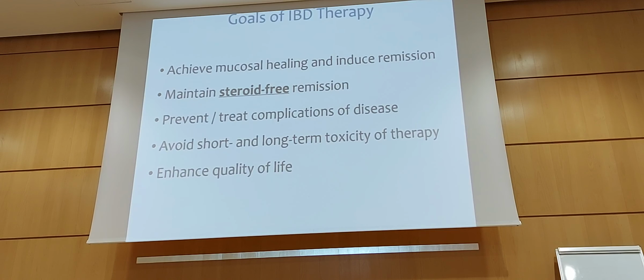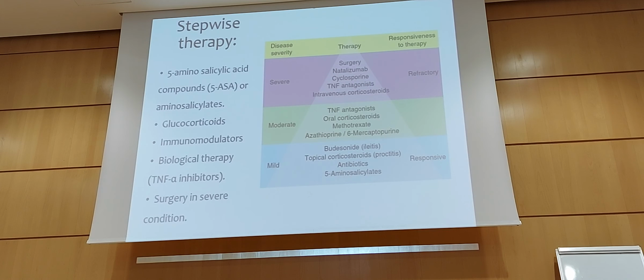Corticosteroids. Azathioprine, 6-mercaptopurine. TNF antagonist, infliximab, and then there are the biologics and cyclosporin. Good. So we have 5-ASA compounds, aminosalicylates, glucocorticoids, immunomodulators, and biologic therapy, which includes TNF alpha therapy.